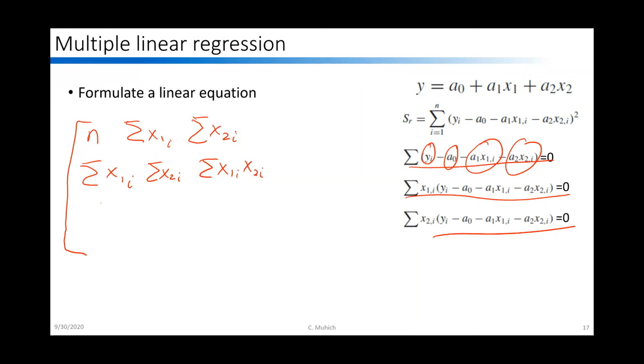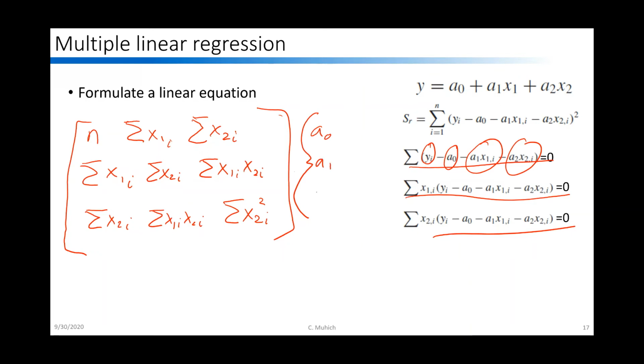And then the next bit, which is sum of x2i, sum of x1i x2i, sum of x2 squared. Right, and that's terrible vector sign. There we go. We have our a0, a1, a2.